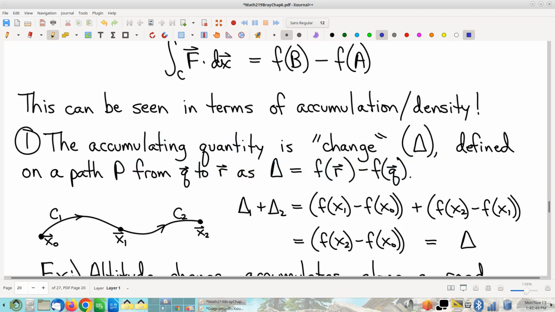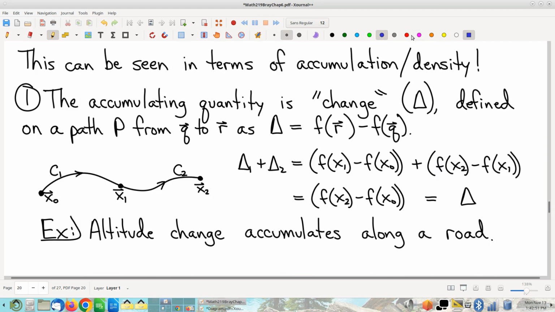change accumulates over curves. So if you have, for example, a curve like this, there's a certain amount of change that happens to whatever function little f you're talking about. From this starting point to that ending point, the function changes by some amount. Then you ask, okay, how much is the change that happened over this first portion of the curve?